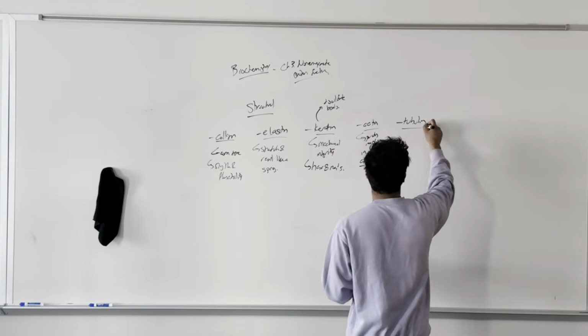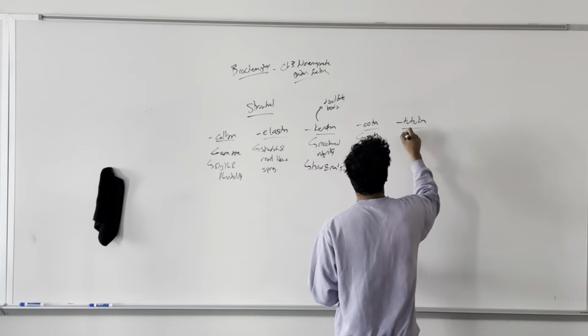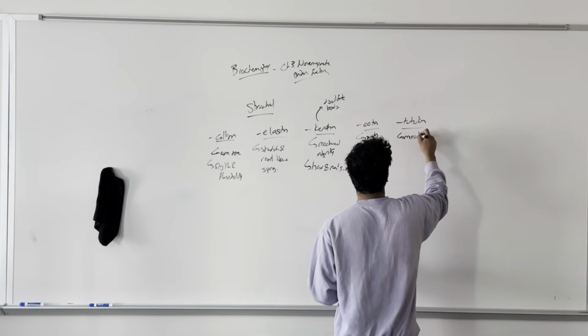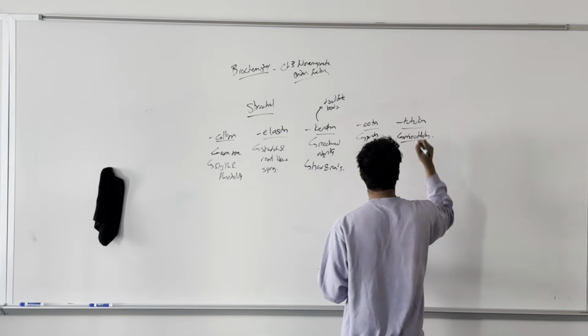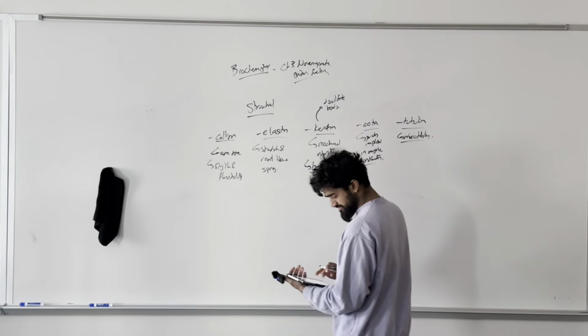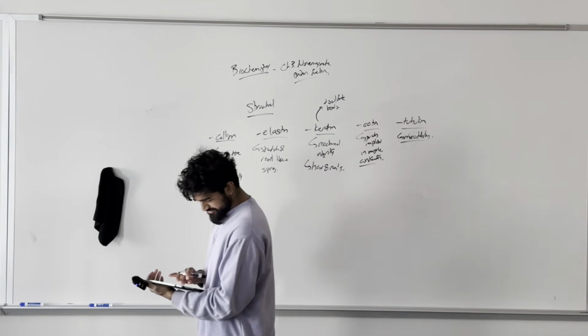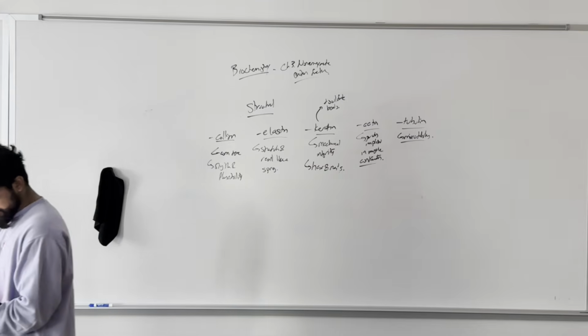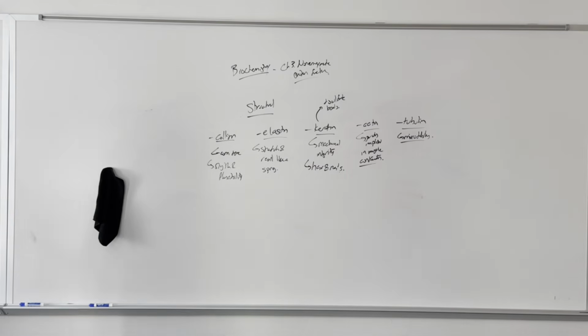Tubulin. These make up microtubules. Motor proteins like myosin, kinesin, dynein. Myosin is the one that actually allows for muscle contraction when it pulls on the actin filaments, right?